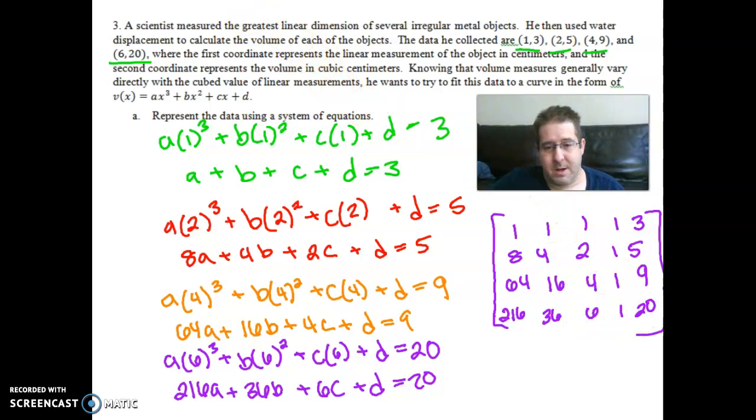Okay, so once again, I'm going to pause the video and put this into my calculator. All right, so I've put this in my graphing calculator as a 4 by 5 matrix. Then I did the reduced row echelon form, and I put in matrix A, which is what I made this. Maybe I made a mistake, maybe I need to double check my work, but you probably got the same thing I did.